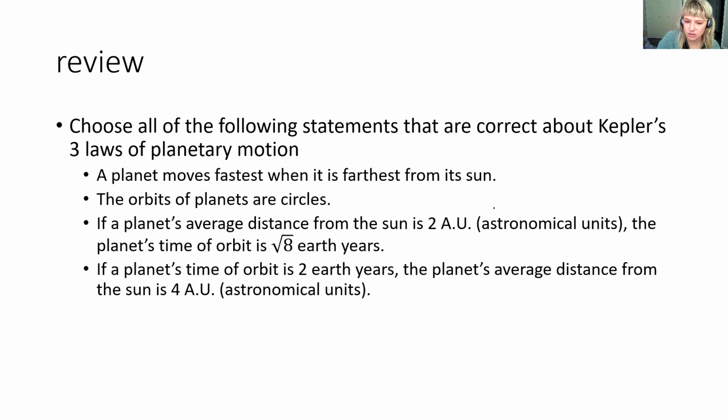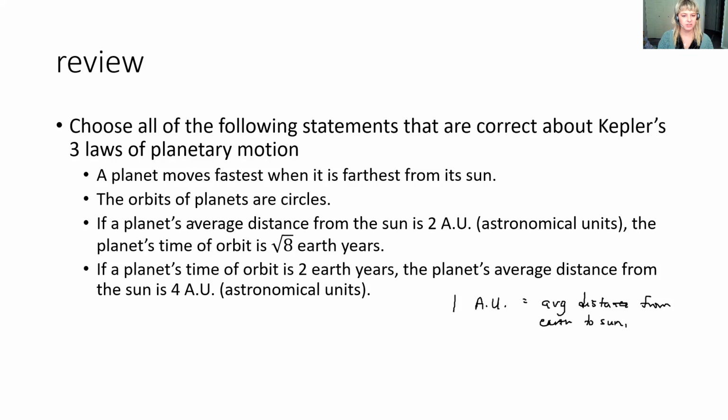And by astronomical unit, 1 astronomical unit is the average distance from Earth to sun. So in astronomy, they often just call it 1 AU. It's the average distance from the Earth to the sun.